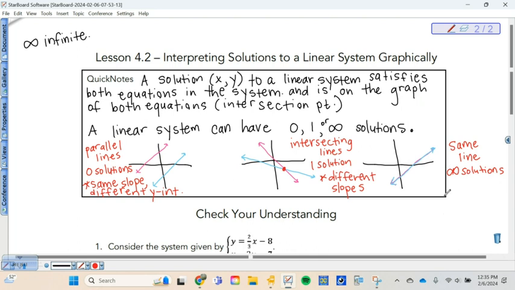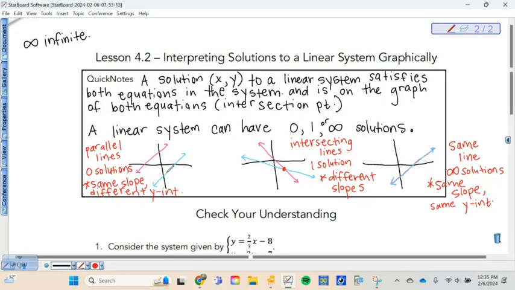And I can tell that they're the same line because they're going to have obviously the same slope, but also the same y-intercept. Right? Make sense?